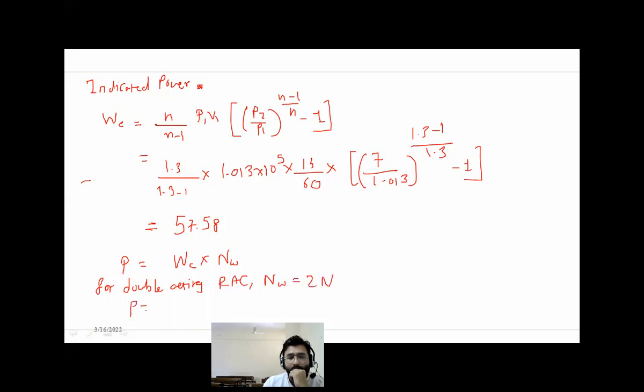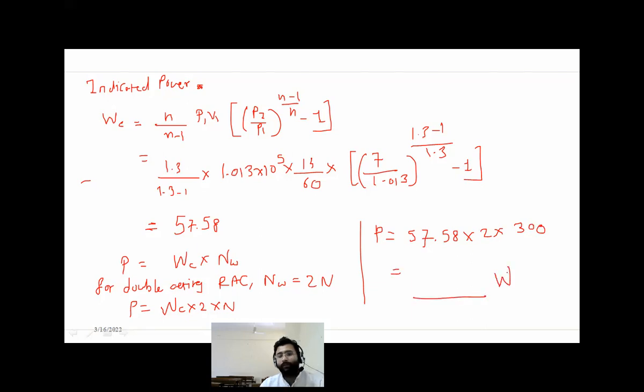So power is equal to WC into 2 into N. So here calculate the power. The power is equal to compressor work 57.58 into 2 into how much is the RPM? 300 RPM. So calculate this. This will be power in watts.